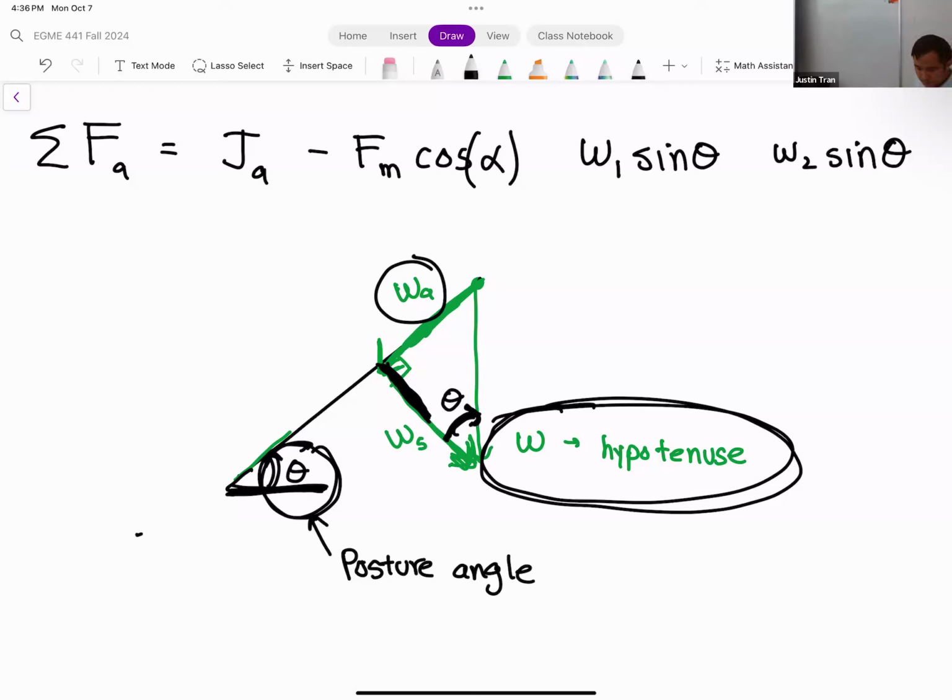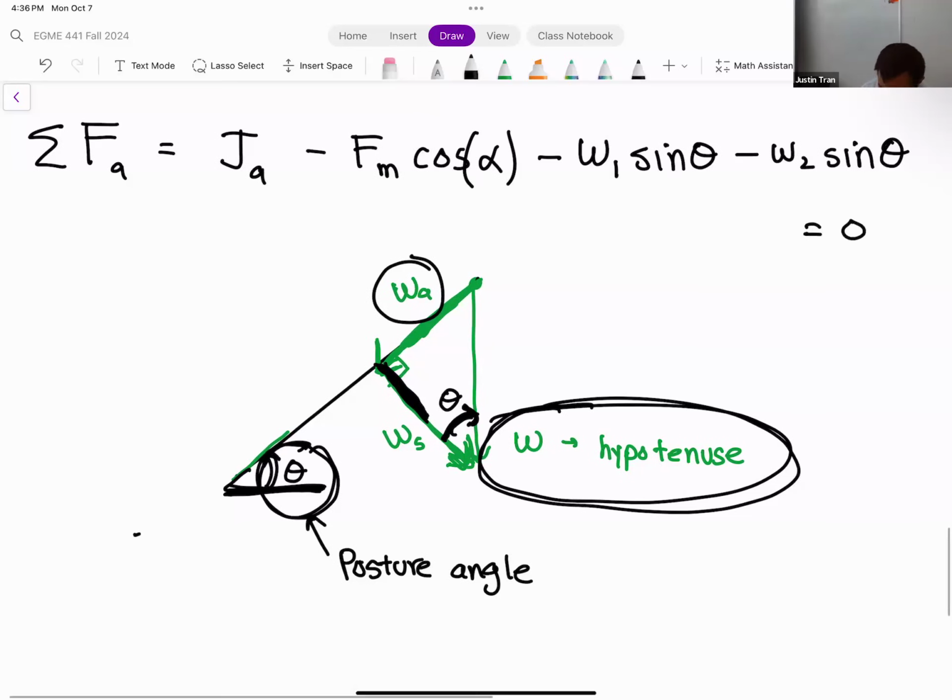Based on the direction of the arrow, you can see it's going down the spine, just like FM, and so we're going to put a minus sign in front of these. And of course, all of this is equal to 0.